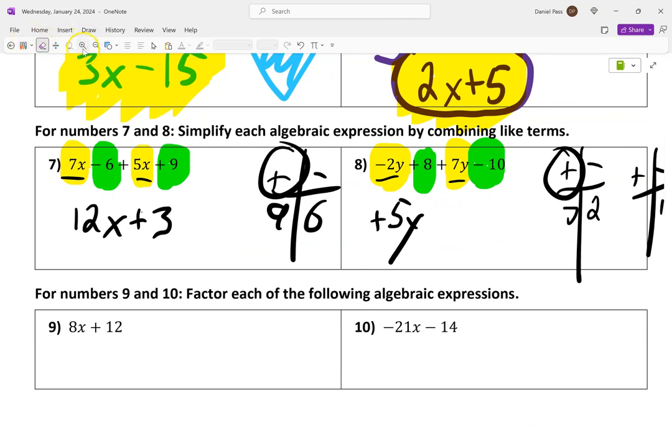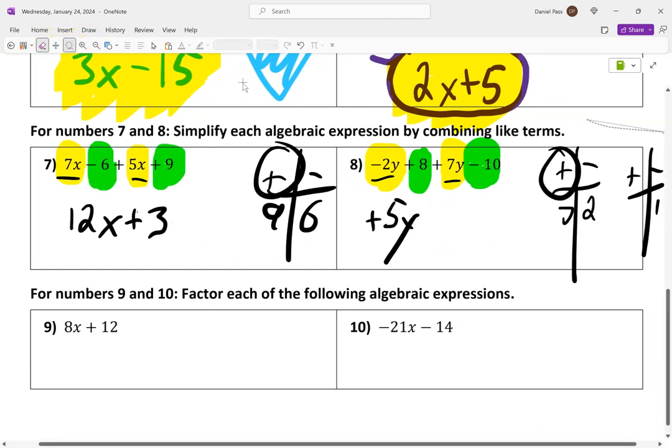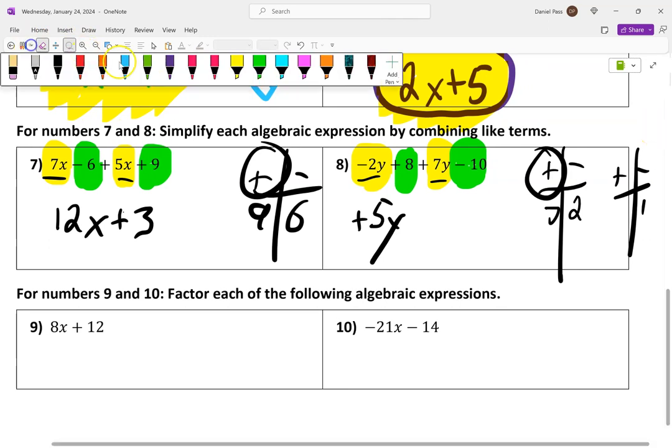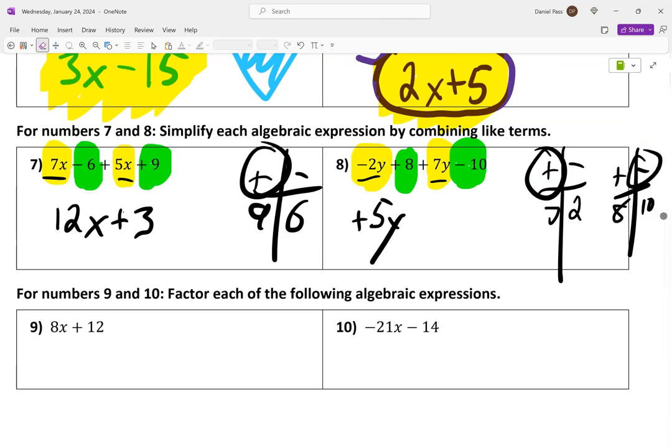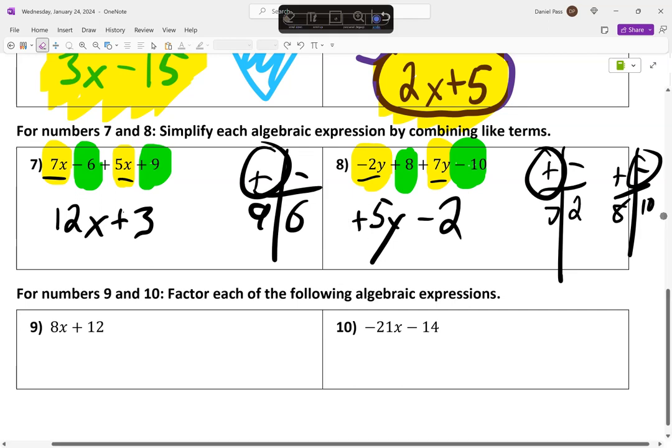I have to use this little thing right here. Okay. All right, 10 and then 8. All right, bad guys. Am I right? Is that right? I think that's right. Okay. So 5y -2, you don't need that positive, but right.